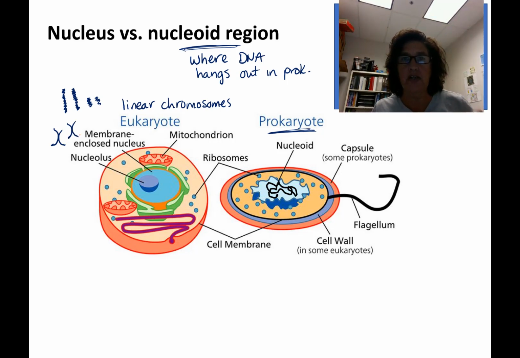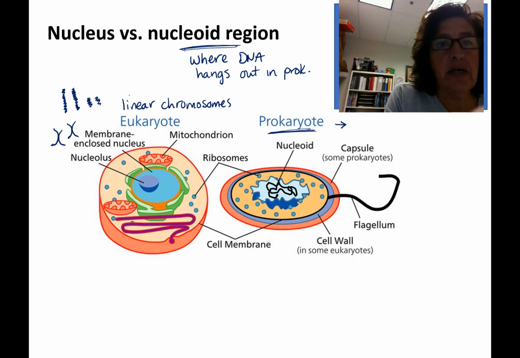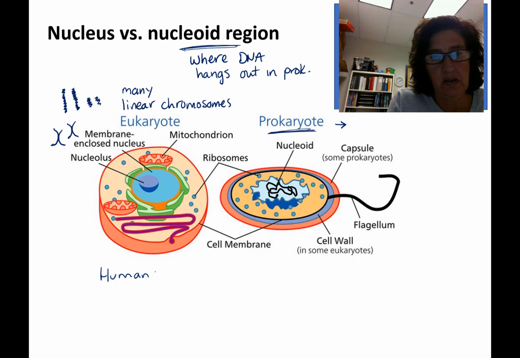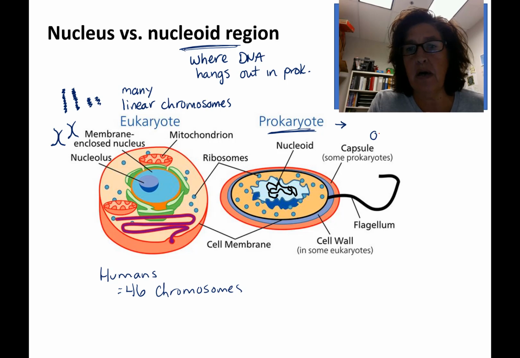They have a start and a finish. Prokaryotes, and I should say eukaryotes, have many linear chromosomes. So again, humans, 46 chromosomes. Prokaryotic cells usually have one circular chromosome.